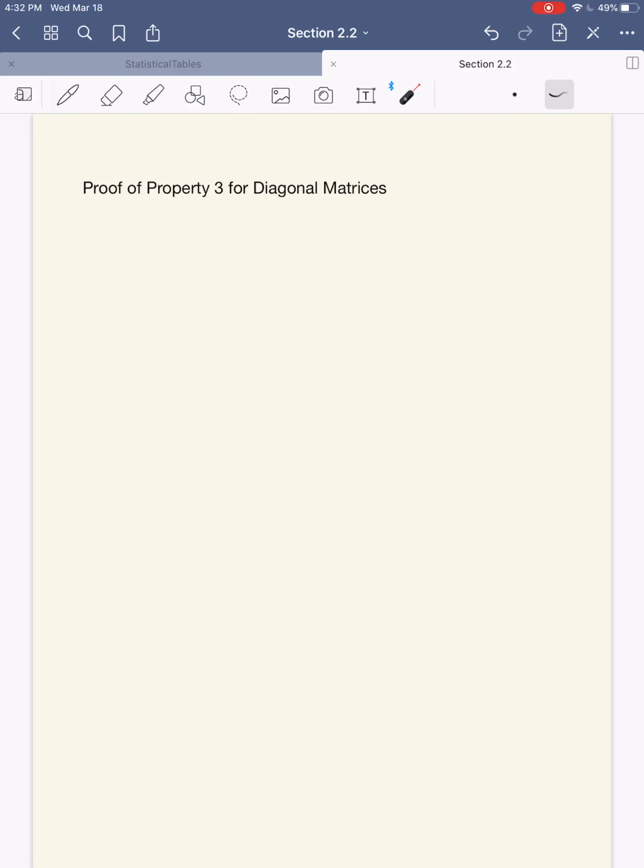So we're going to do a proof of property 3 for diagonal matrices. Now you'll notice that since we're trying to prove this property without recourse to any other, this is going to again be a by-element sort of proof. So we're going to let A and B be diagonal matrices. What we need to show is that AB is diagonal.